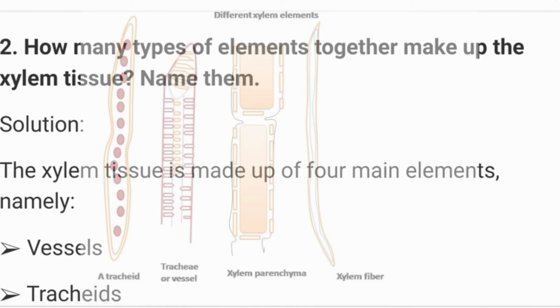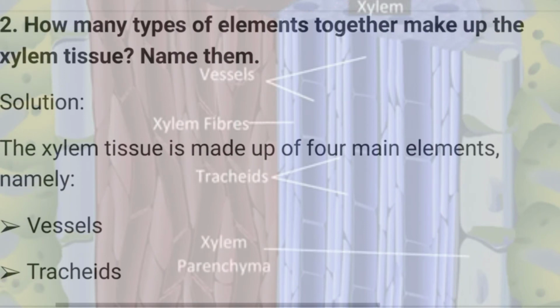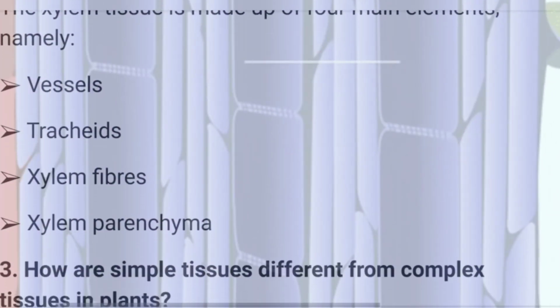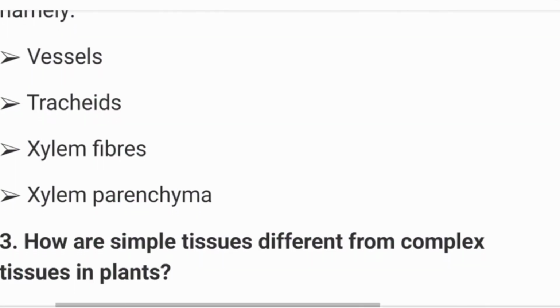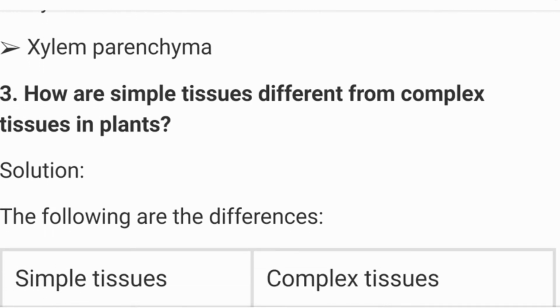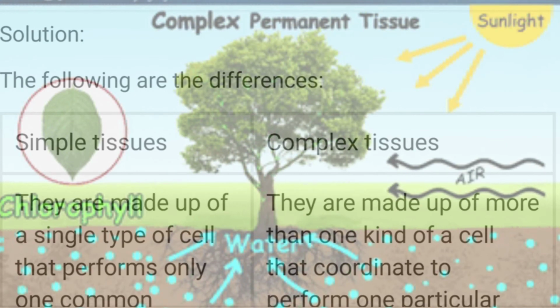Next question: how many types of elements together make up the xylem tissue? Name them. The xylem tissue is made up of four main elements, namely vessels, tracheids, xylem fibers, and xylem parenchyma. How are simple tissues different from complex tissues in plants? The following are the differences as shown in the table.